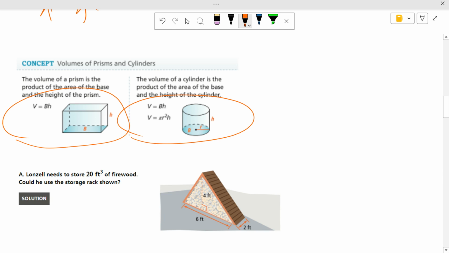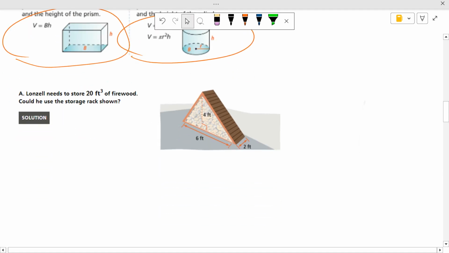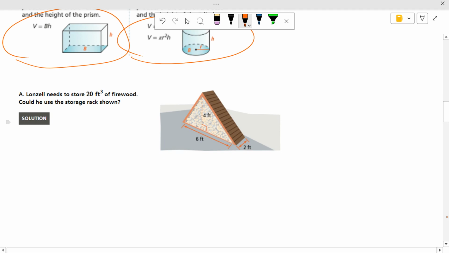For a prism, it could be a triangular prism, so we can't just say it's length times width times height. Because it could be a triangle as a base, just like this one. This guy makes this triangular shaped firewood holder. So, will this be enough to store 20 cubic feet of firewood? Well, let's find the volume of it.